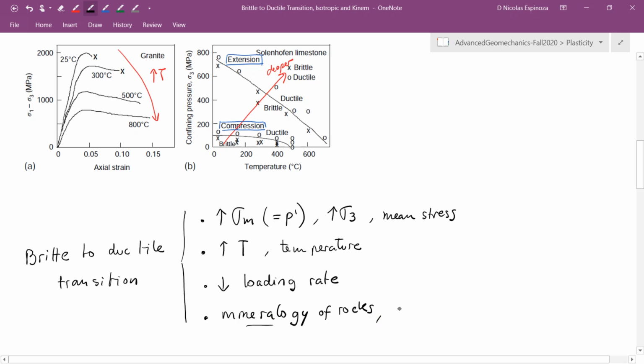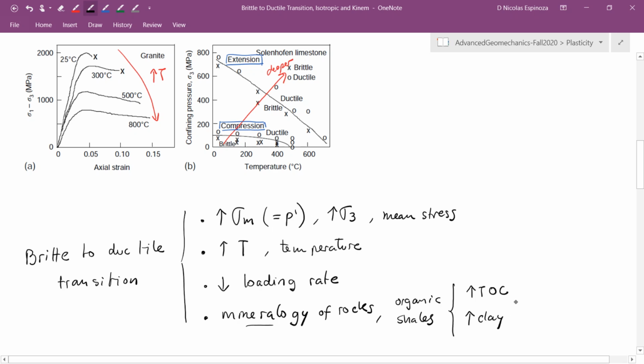For example, in organic shales, there are several studies that show that shales that have a higher total organic content usually display a higher ductile behavior. And as you increase also the amount of clay, the ductile behavior is enhanced.